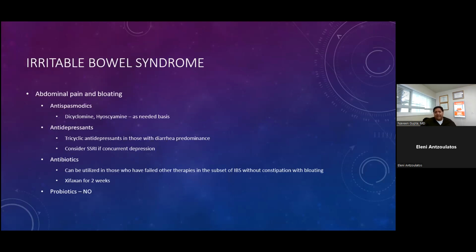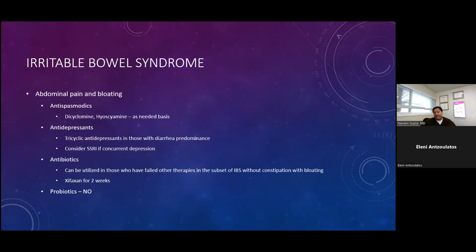We talked about how this is a system where the nervous system is hyperacute, and that serotonin arm, the gut motility, is altered there, whether it be from inflammation or whatever it be. So the use of an antidepressant can really regulate that part of things and kind of restore the function of the nervous system back to a normal individual's.